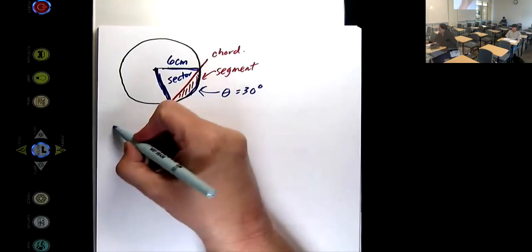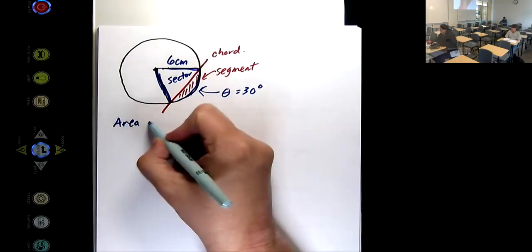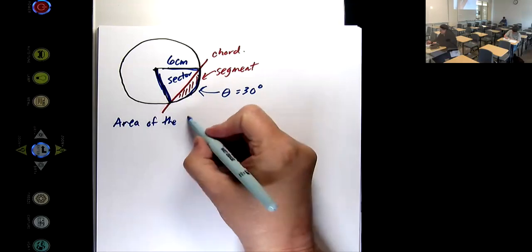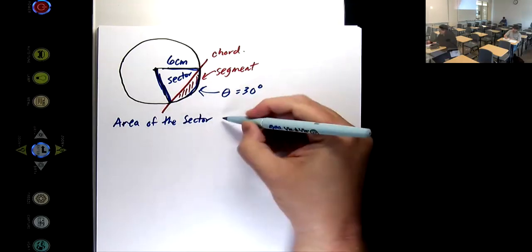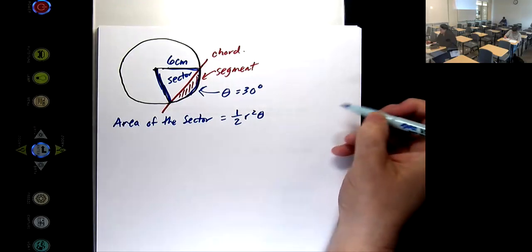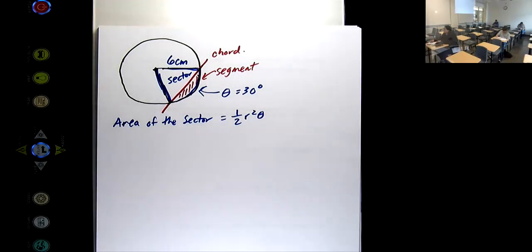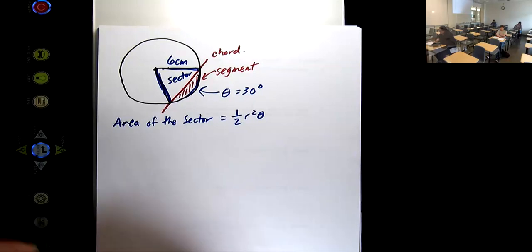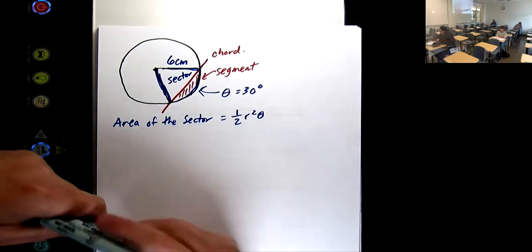The area of the sector is 1/2 r squared theta. But theta again has to be in radians.